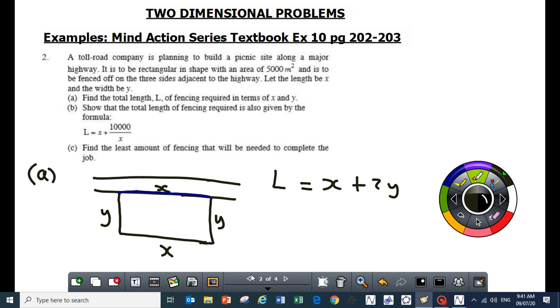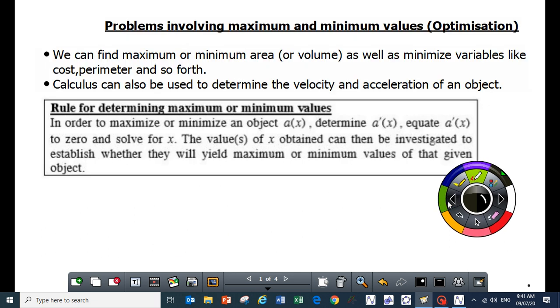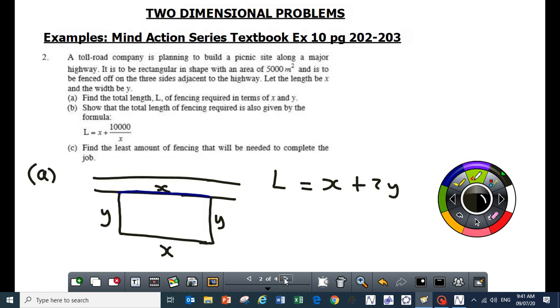Now, because of those two words, least amount, it means we are dealing with a minimum.